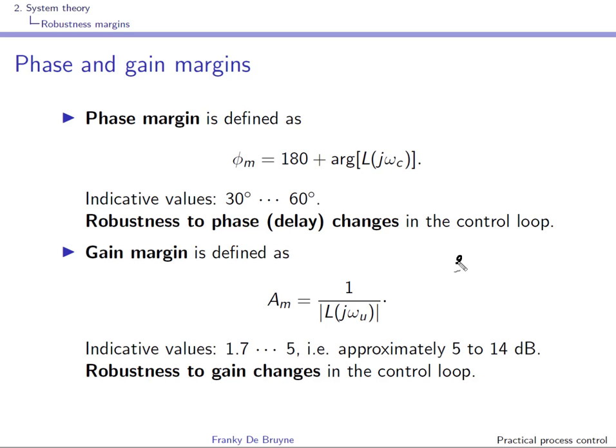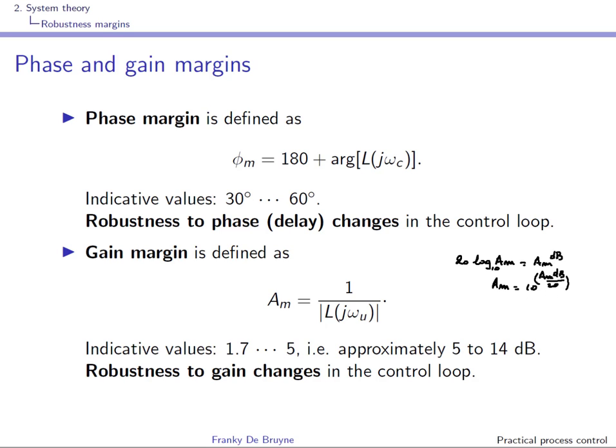Remember that the link between the gain margin in absolute units and the gain margin in dB is given by this relation, with log 10 of course. You can turn this formula around to obtain the gain margin in absolute units, and this is then 10 to the power gain margin in dB divided by 20.